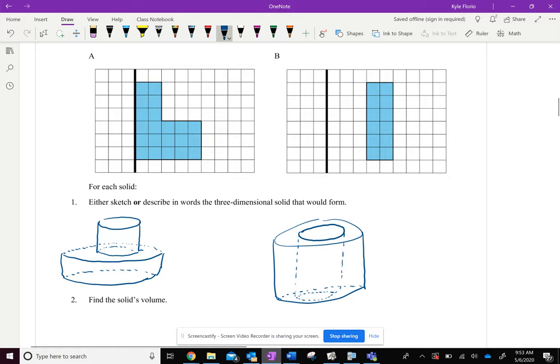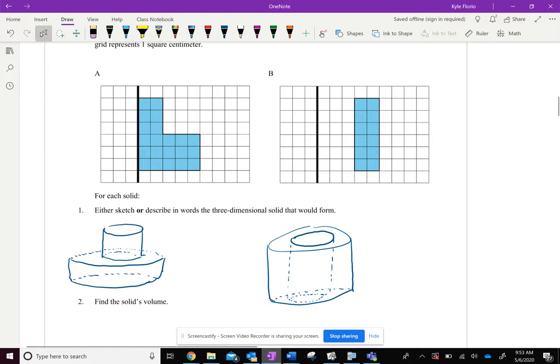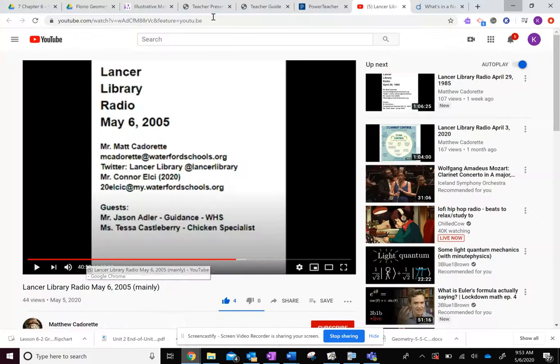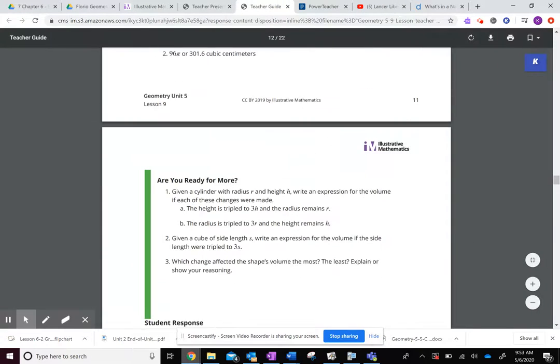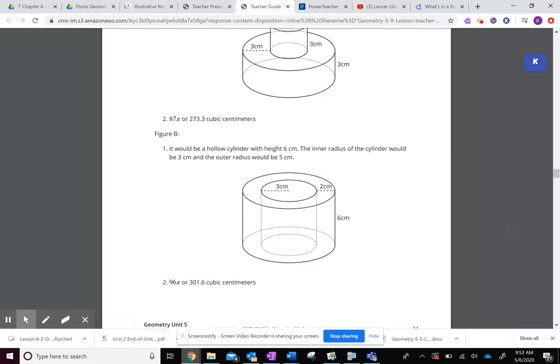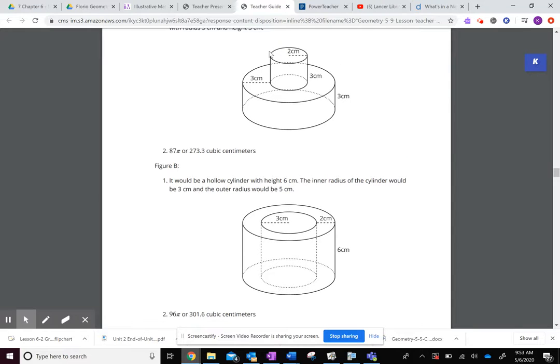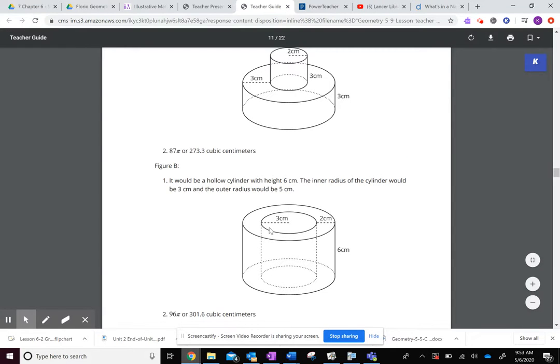The inside got cut out. So that's a little bit about what the shape would look like. I think I can have the book's drawn-out shape too. Yeah, so this is how the book drew it. Again, similar, right? We have a cylinder on top of a cylinder, and here we have a cylinder cut out of a cylinder.